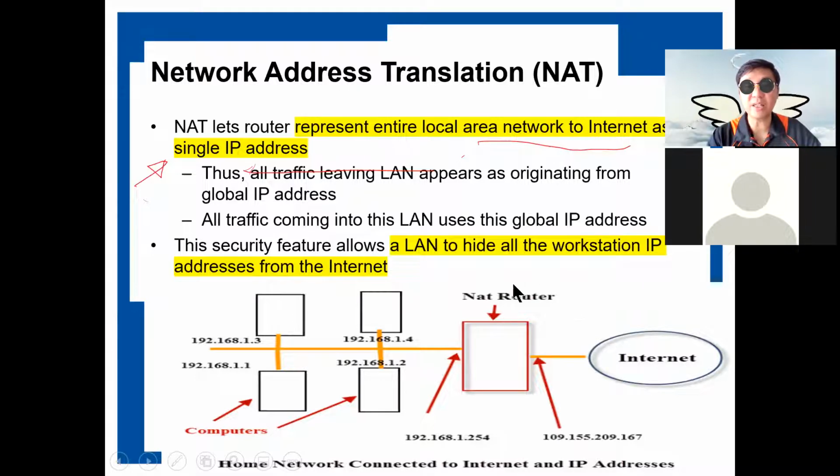Why they use such a method is to hide the IP addresses of all the workstations, so the hacker cannot do a specific workstation attack. They will have to find out where the workstations are and what the valid IP addresses are before they can launch a DOS attack, or denial of service attack. So your attack has to be more precise, otherwise you're attacking the wrong workstation. That is part of the reason why we want to use this.